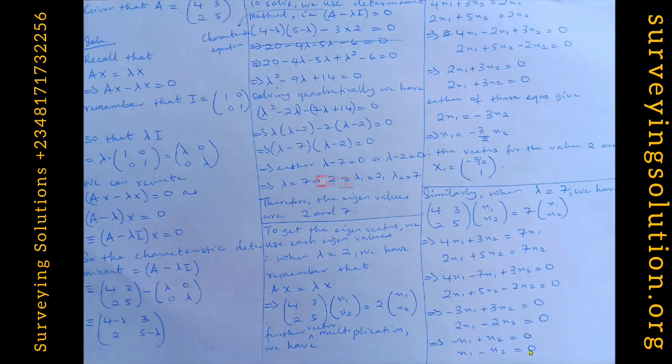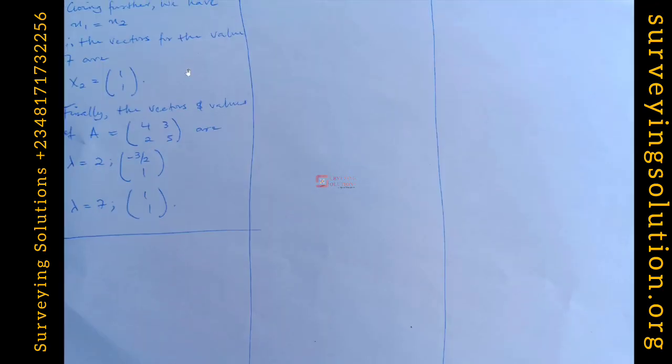And as we have always been telling you, coming back to where we have Ax equal to lambda x, when we brought lambda x here, we equated it to 0. So if we are still taking lambda x out, we have something like this, right? Good. So it now means we have x1 is equal to x2. Therefore, the vectors for the value 7 are 1 and 1, because the coefficient of x2 is 1 and the coefficient of x1 is 1, right? Good. So we have this.